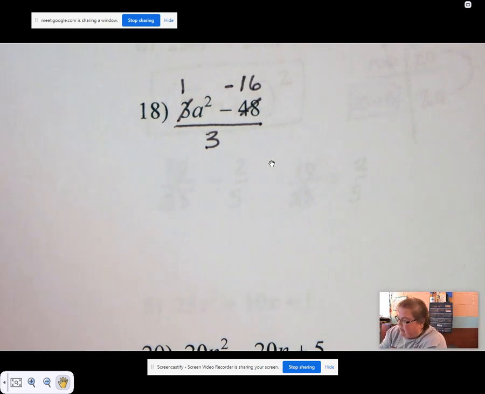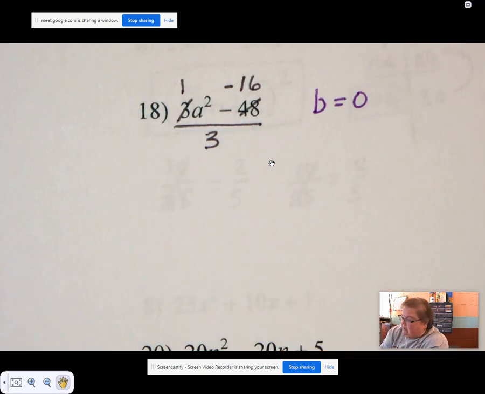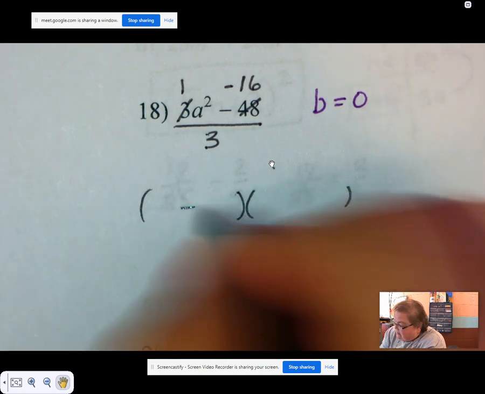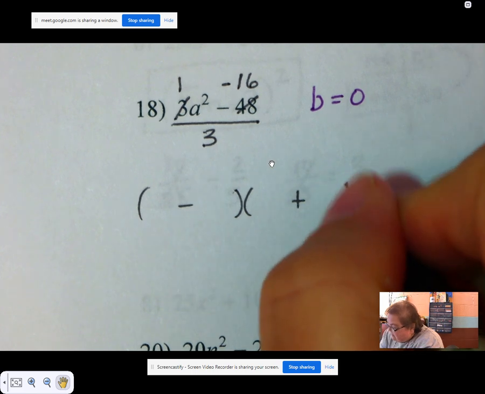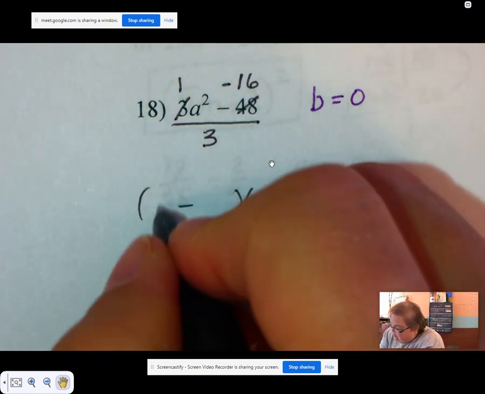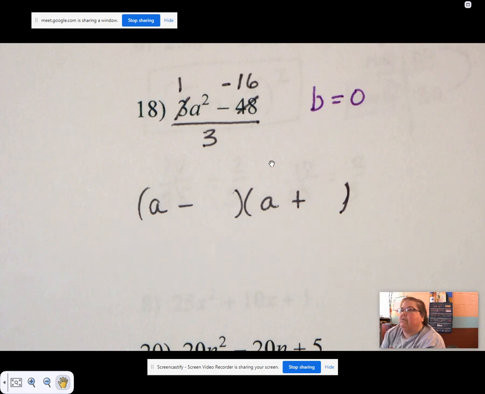Okay, talk to me about my B. It equals 0. What kind of signs do I have? Opposite. What times what gives me 1? 1. So 1A and 1A. And we don't write the 1 in the answer.